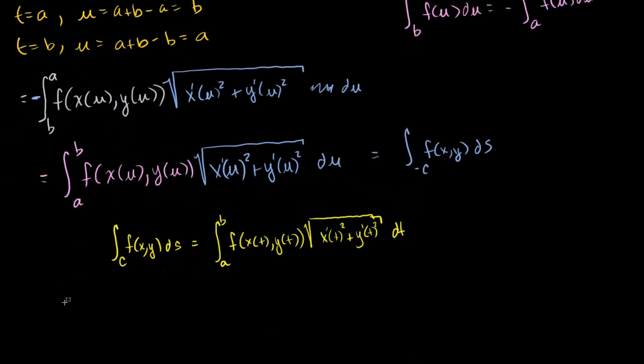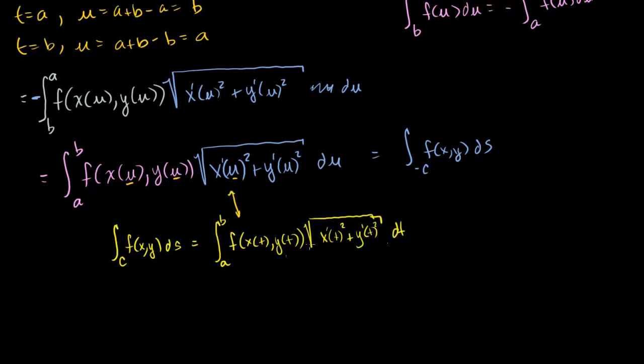Let's take a close look. Well, they actually look pretty similar, right? Over here for the minus curve, we have a bunch of u's. Over here for the positive curve, we have a bunch of t's, but they're in the exact same places. These integrals are the exact same integrals.